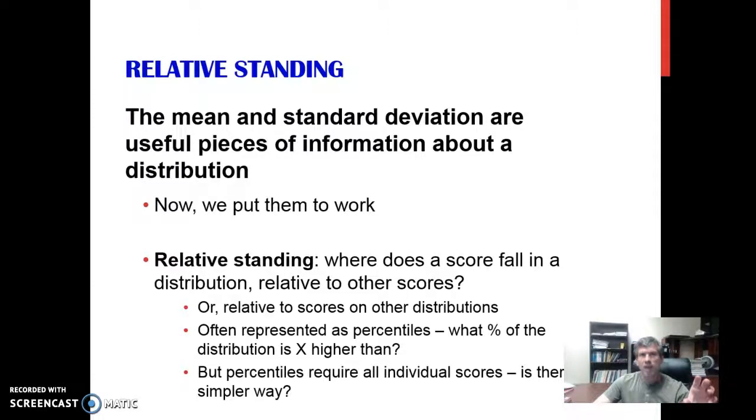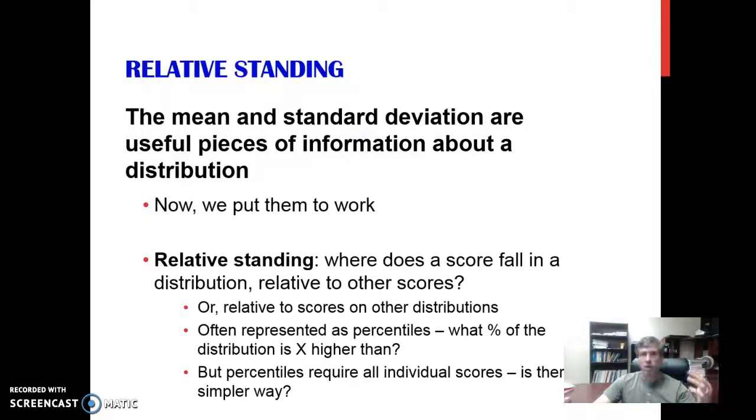So relative standing is basically a way of representing in a standardized way where scores fall in distributions, not just what the actual number is, but what proportion of the population is above or below it. We also can use relative standing, because it's standardized, to compare scores on totally different distributions to each other on a level playing field. Here's one of the tricks about relative standing.